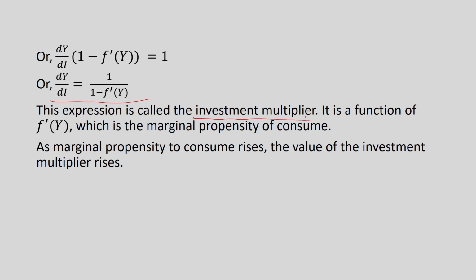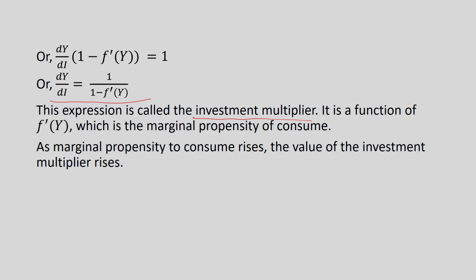So, what it tells us is the rate of change of income, which is the GDP of the country, if investment expenditure changes by 1 unit, right. So, it shows us the impact of investment on the national income.